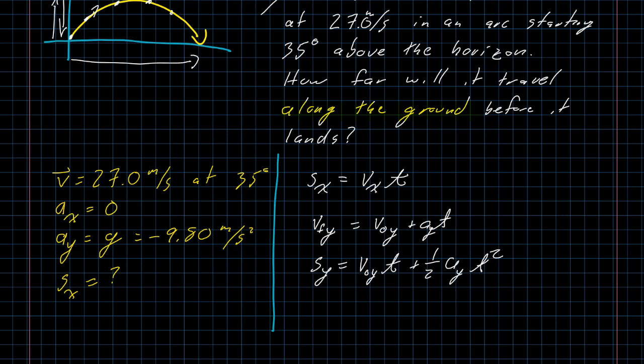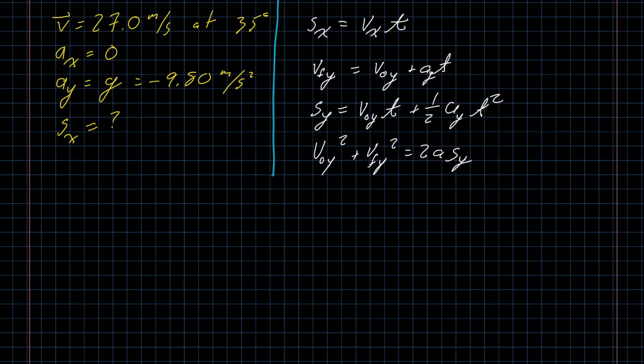And we know that V naught y squared plus Vfy squared is equal to 2 times a times sy. These are all things that we have from our previous study, so we can just use these formulas no problem. That's a lot of formulas though, so let's see if we can break this down a little bit further.